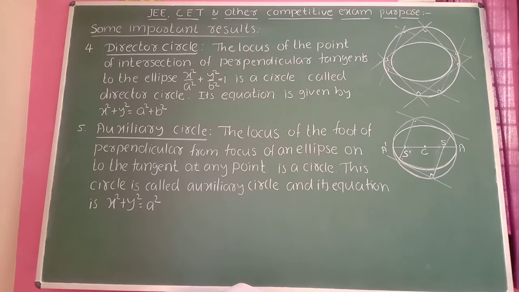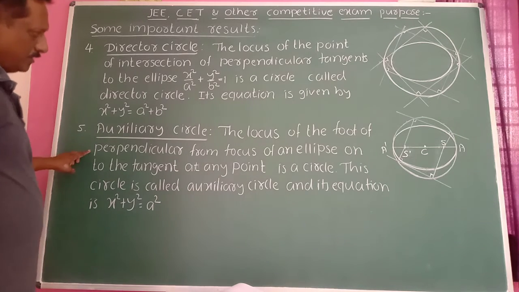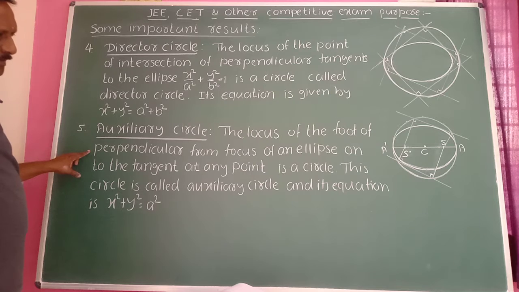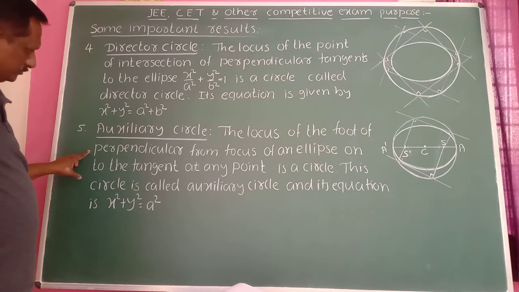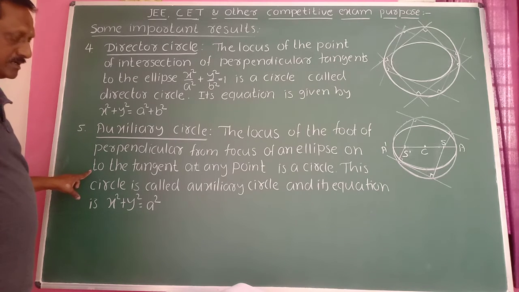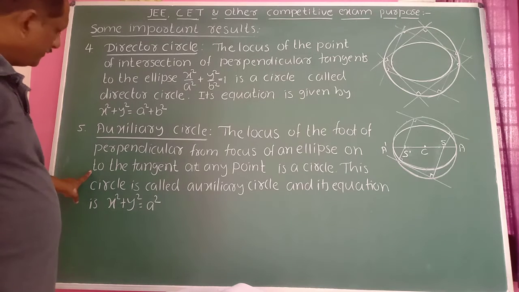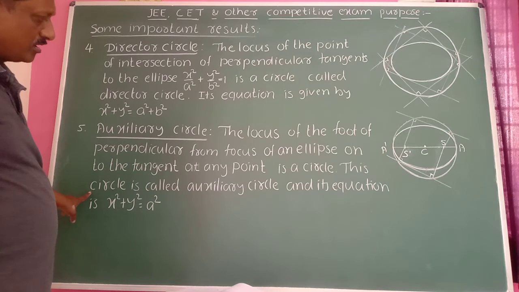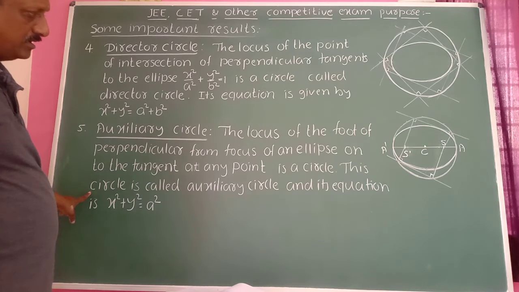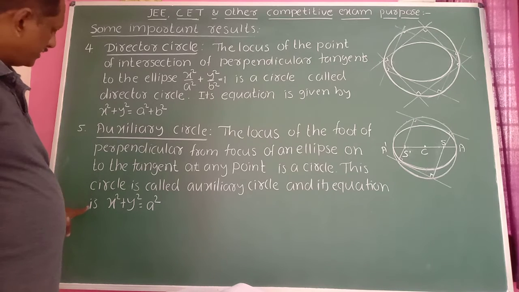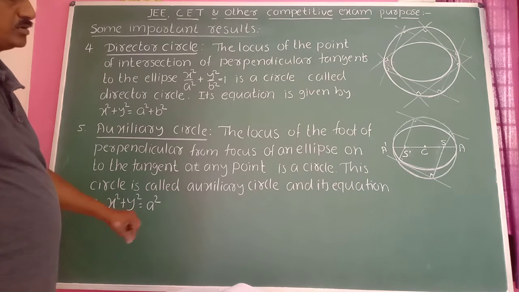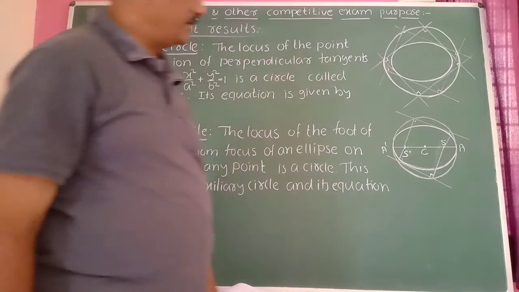Now the auxiliary circle. The locus of the foot of the perpendicular from a focus of an ellipse onto the tangent at any point is a circle. This circle is called the auxiliary circle, and its equation is x² + y² = a².